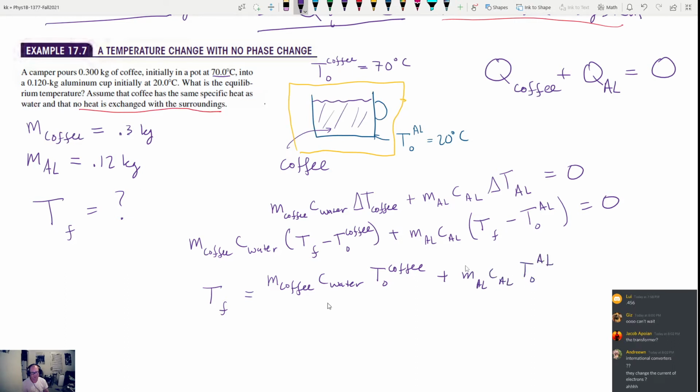And then we're also going to have some terms that are multiplied by T final. This plus this. Those terms are multiplied by T final, so we're going to have to divide those out, and they'll show up down here.